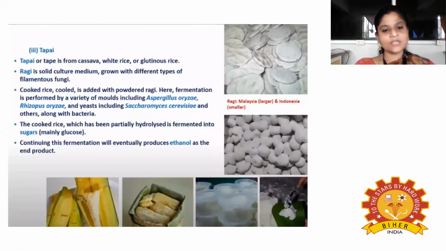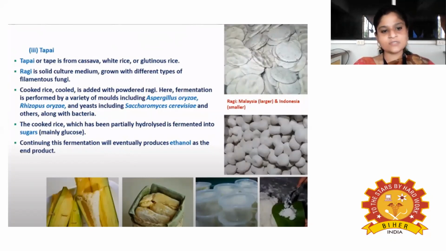So we are just looking into a few examples of industrially available products which utilize this solid state fermentation process. So next is tape, which is made from cassava, white rice or glutinous rice. This ragi is a solid culture medium grown with different types of filamentous fungi.